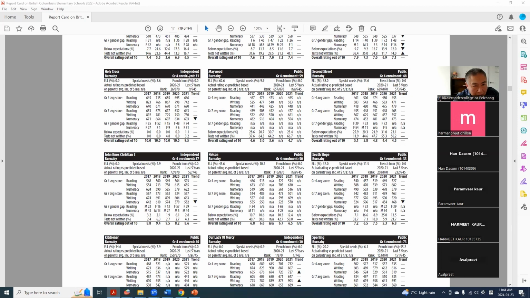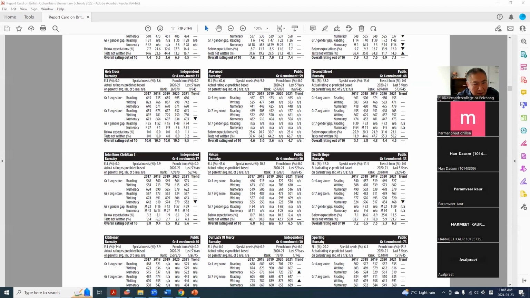And then here, Holy Cross, independent. Another name for independent school is private school. On the other hand, Maywood, public school. Second Street, public school. Just eyeballing these two public schools, they rank low, 650, 680.